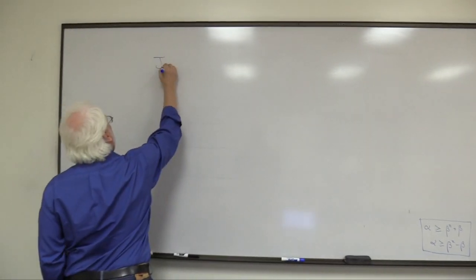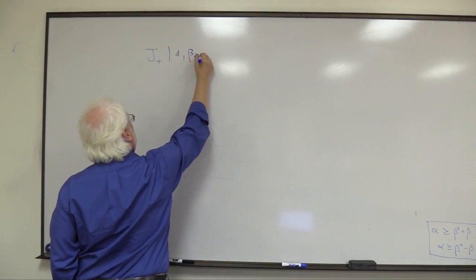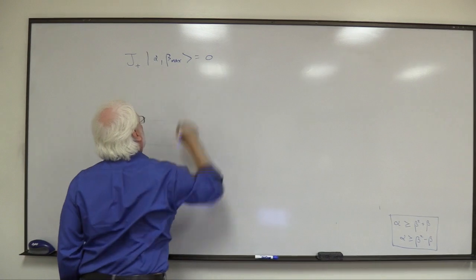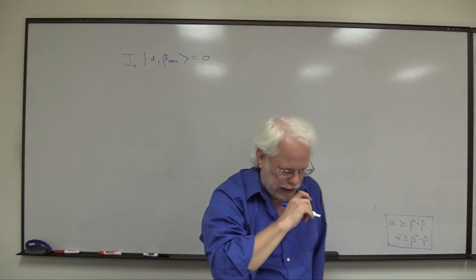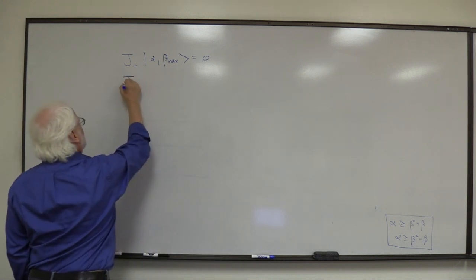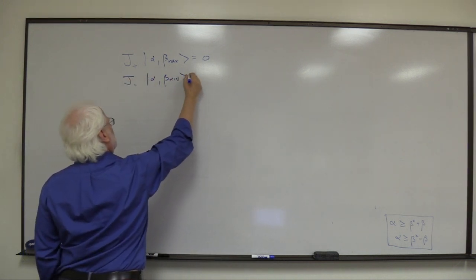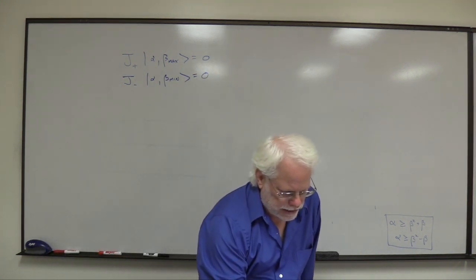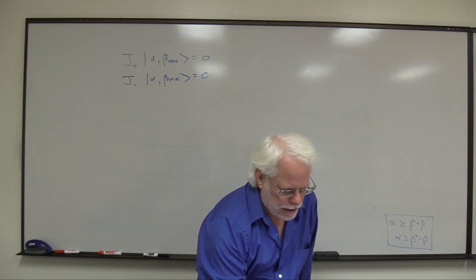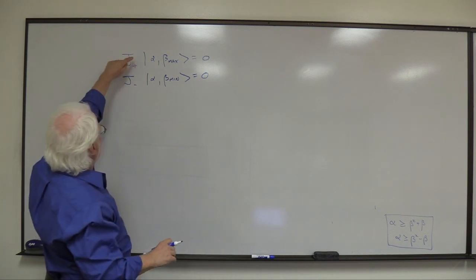We know that J plus acting on alpha beta max is equal to 0, and similarly J minus on alpha beta min gives 0. And now I think what we want to do is step between these, so get some type of product.